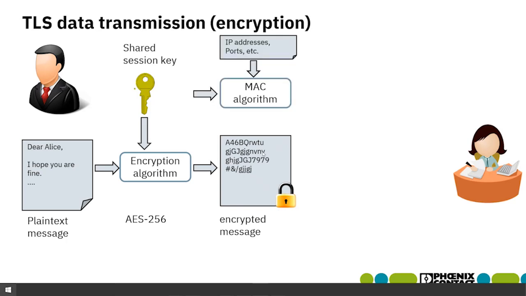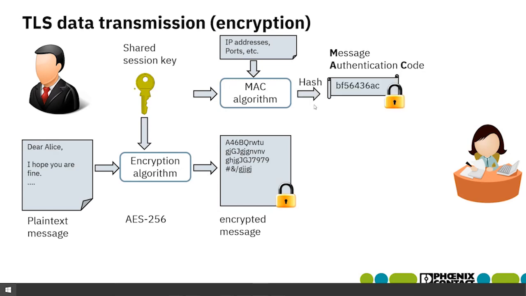And to also check the data integrity, a second algorithm is used with the same session key and also some parameters like IP address and ports. And this is called the MAC algorithm. The MAC algorithm will create a hash, the so-called message authentication code, which is also sent.